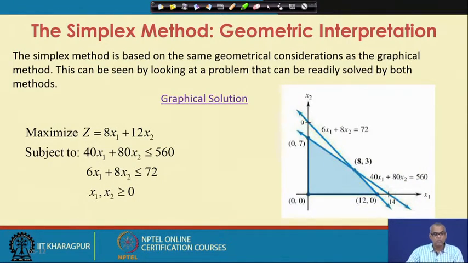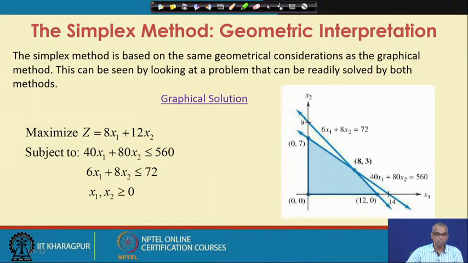So, now let us give a geometric interpretation to this simplex method. The simplex method is based on the same geometrical consideration as the graphical method. This can be seen by looking at a problem that can be readily solved by both the methods.